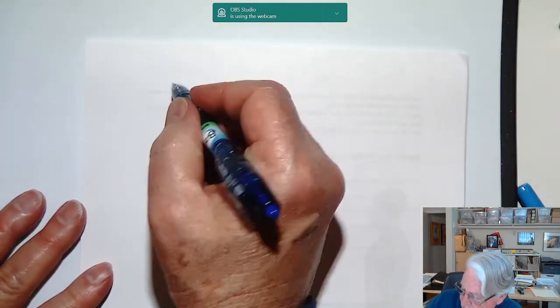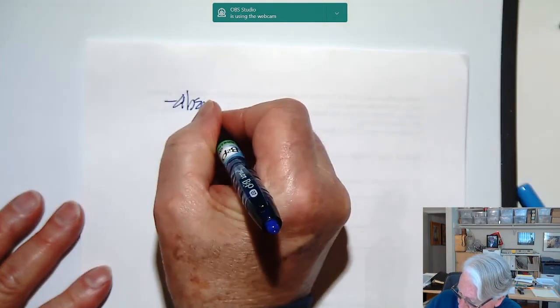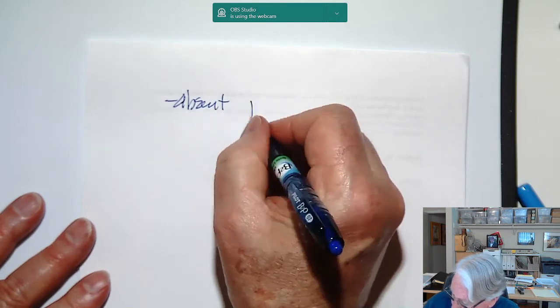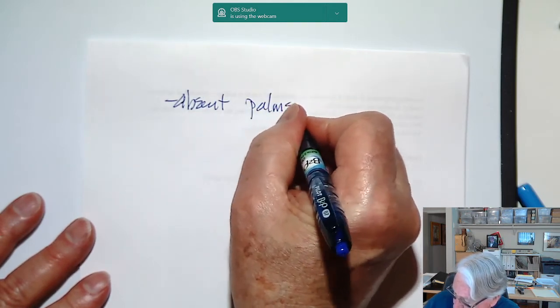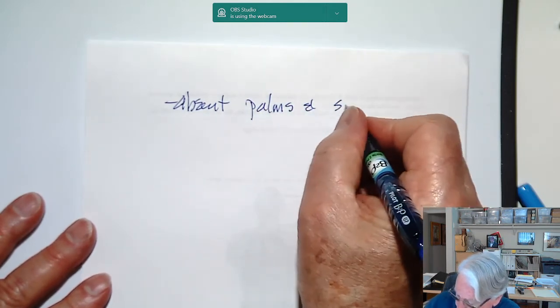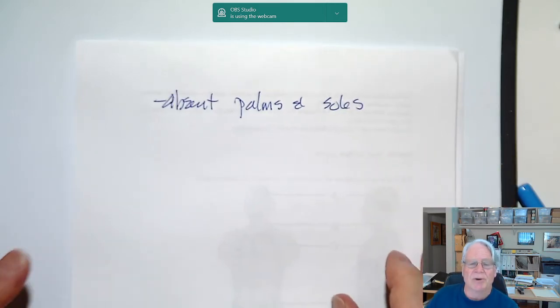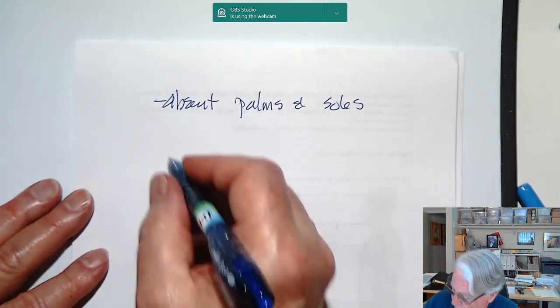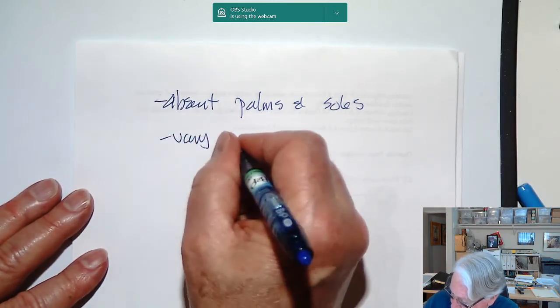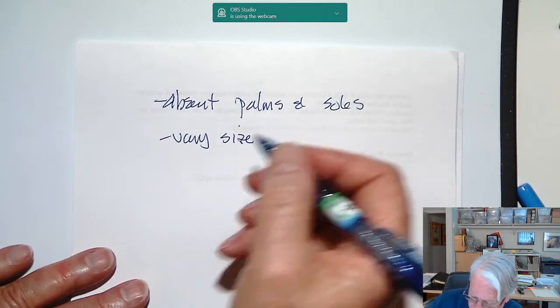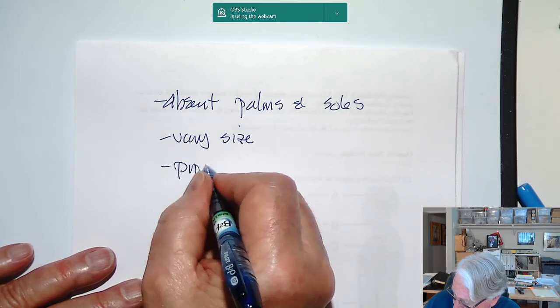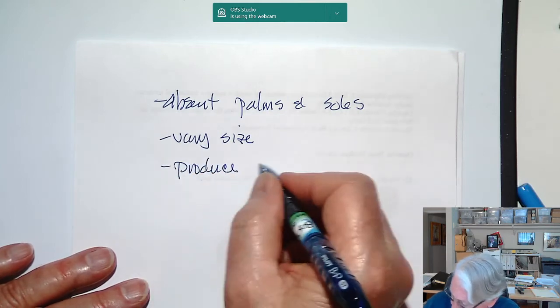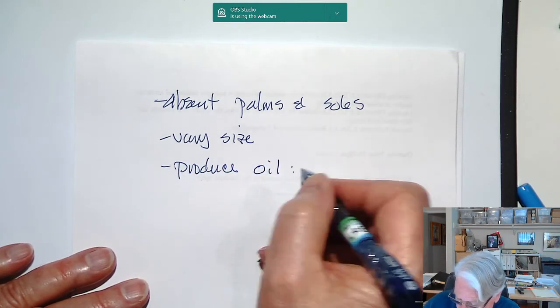Okay. They are absent on the palms and the soles of your feet. So you really don't want an oily substance there, harder to grip. They will vary in size. Okay. And they produce an oil which is called sebum.